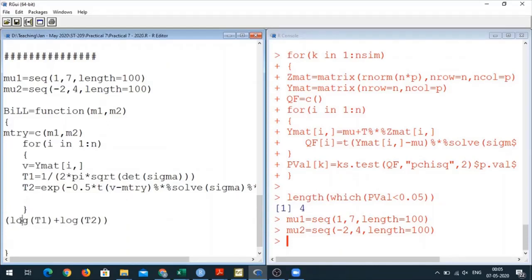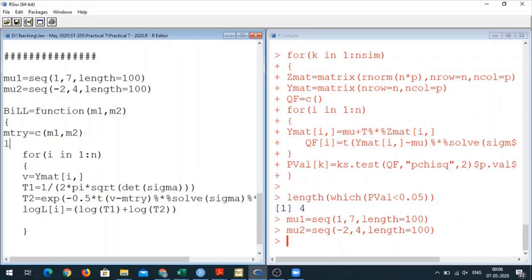Okay, so this log t1 plus log t2, I need to compute this quantity for every observation. Let me call it log L at i, and finally we are going to take the sum.